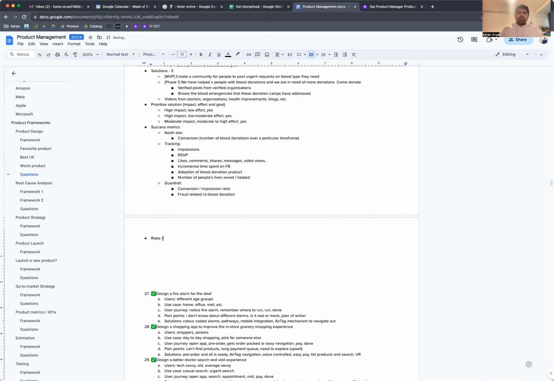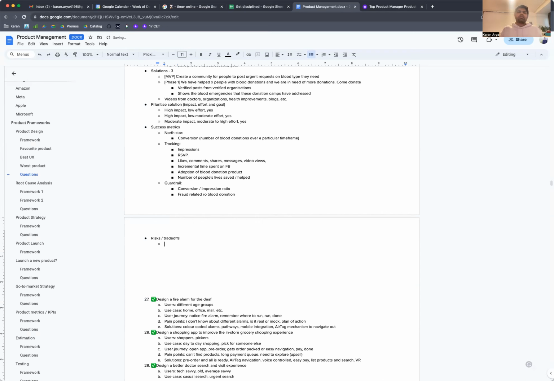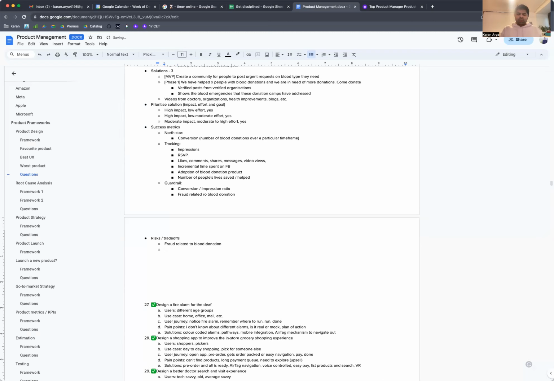Okay, so finally, let's look at some risks or trade-offs. Yes, definitely. I think one of the risks or trade-offs that we already discussed was fraud related to blood donation, and non-verified orgs are coming in as verified, and there is certain risks.